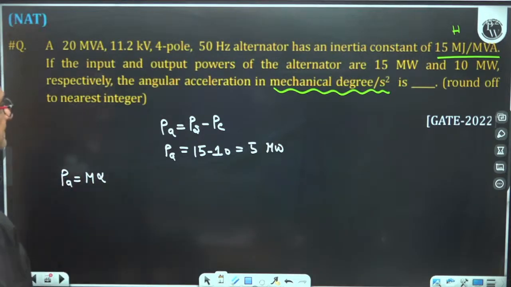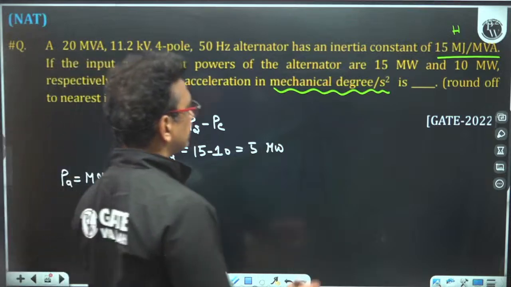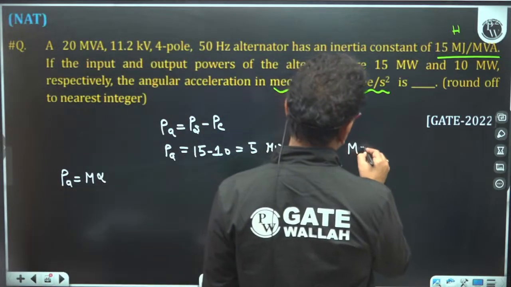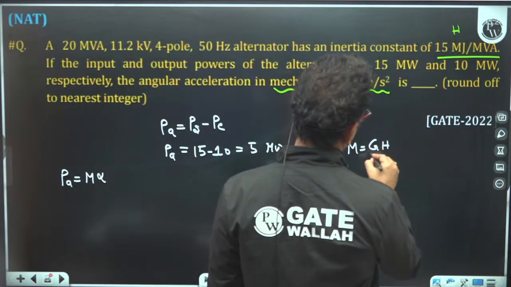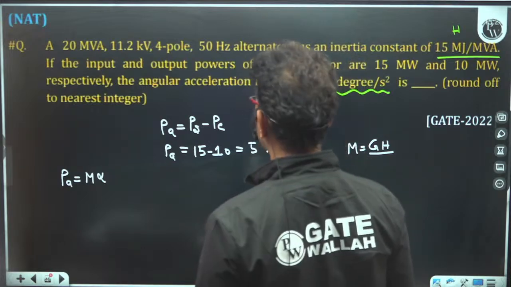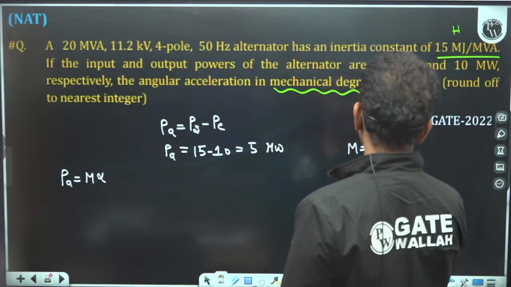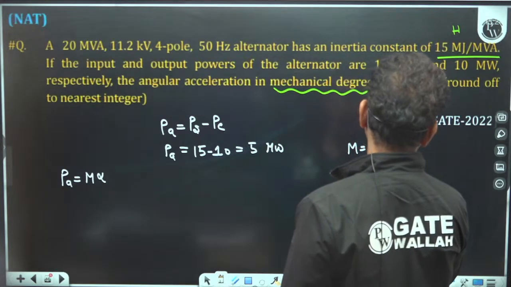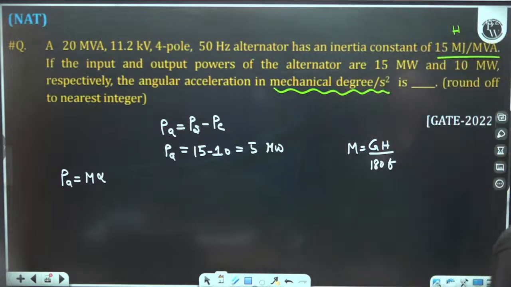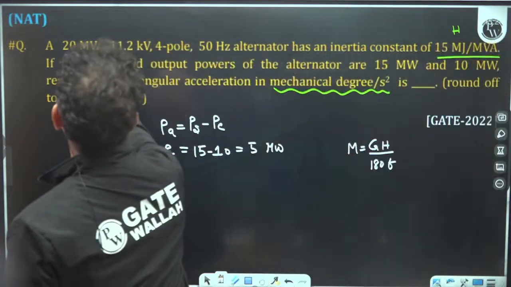Alpha is my acceleration. So M is GH upon 180 into f. We have to find it in terms of degree. G is the rating, 20 MVA.